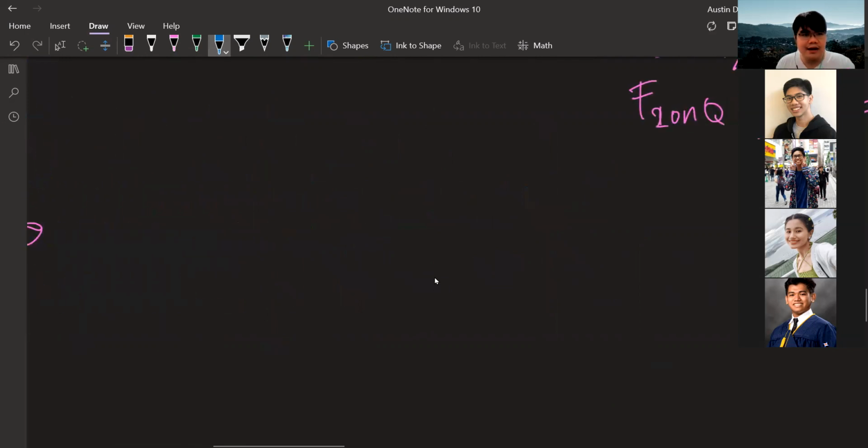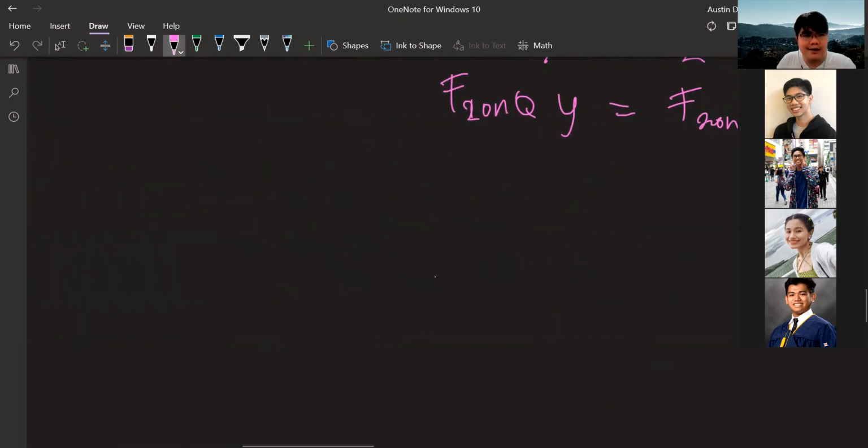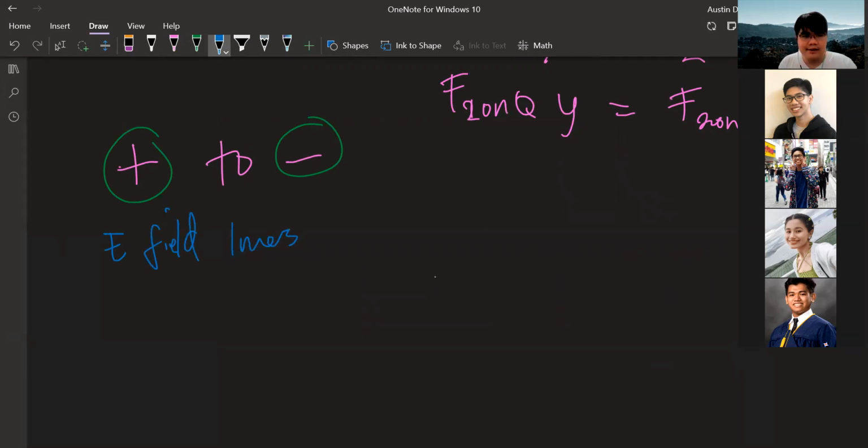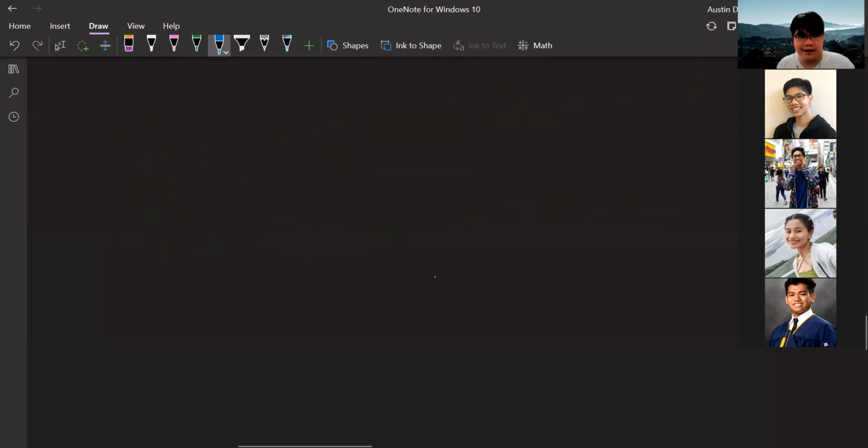So the actual way to do it is that yung positive to negative, if there are different charges, okay, so positive to negative, and then electric field lines don't intersect. The field lines don't intersect. Okay?